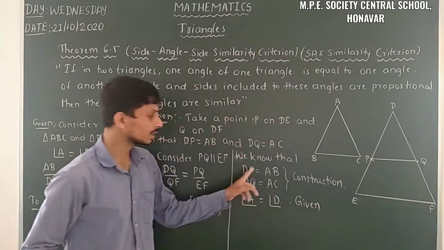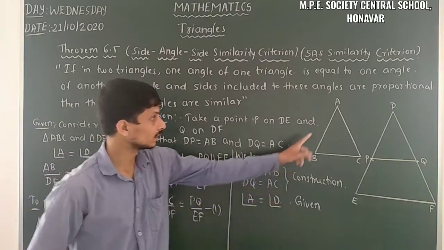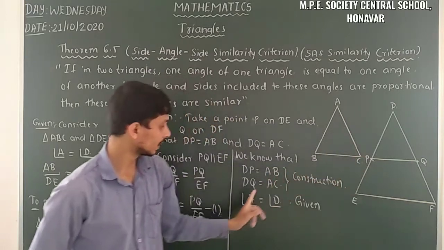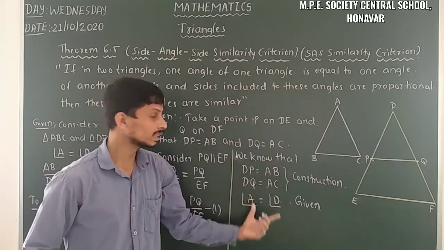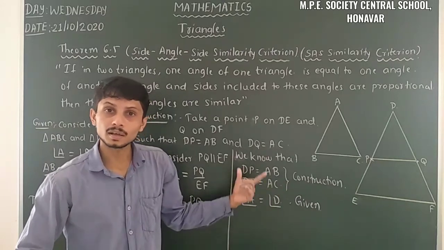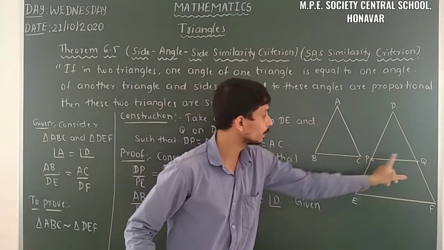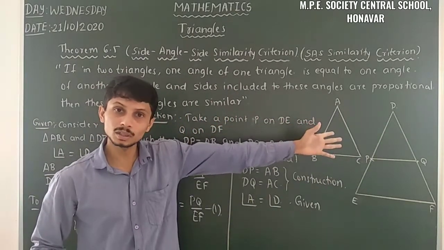So DP is equal to AB, DQ is equal to AC, and angle A is equal to angle D, meaning these three are corresponding parts of the two triangles ABC and DPQ. That's why we can take ABC congruent to DPQ.